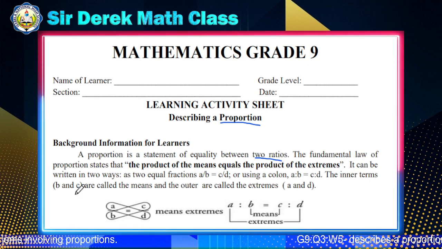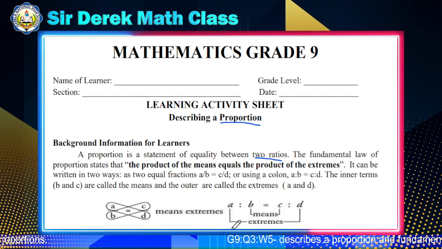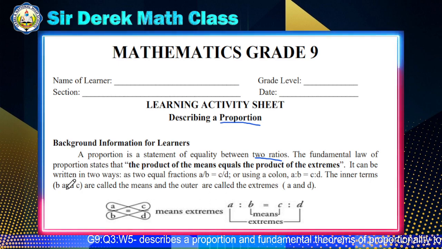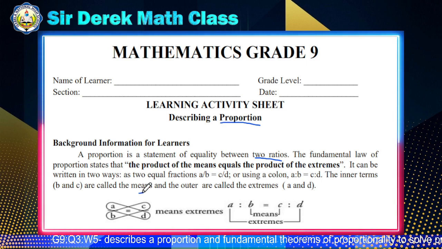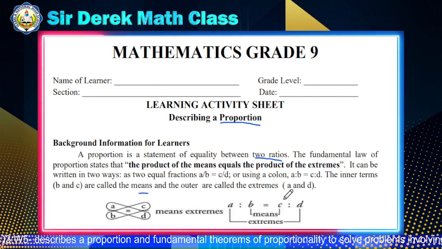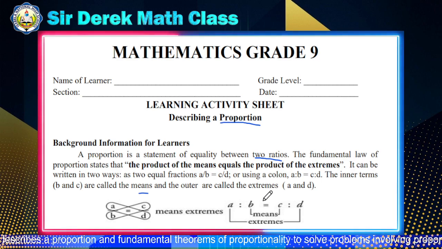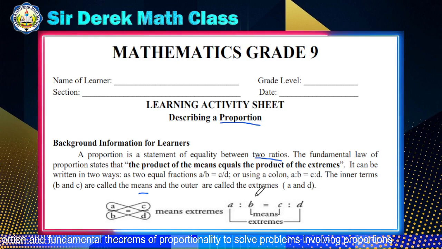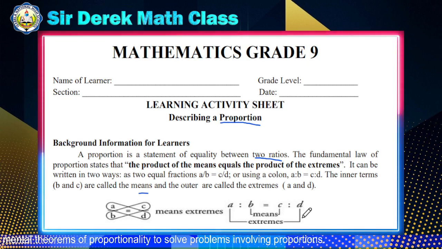The second way is using a colon, just like this: A is to B is equivalent to C is to D. The inner terms, B and C, are called means. Take note that the inner terms in the colon form are the means, and the outer terms are called the extremes, just like you've seen in the presentation.